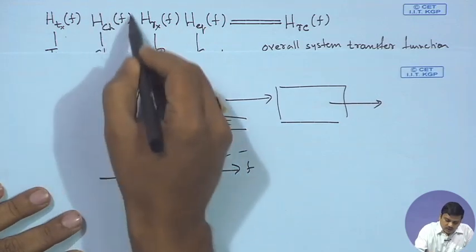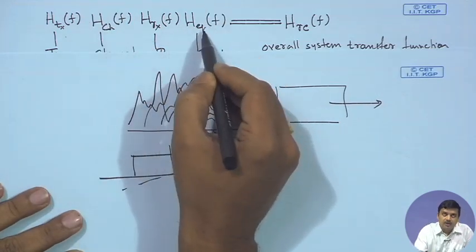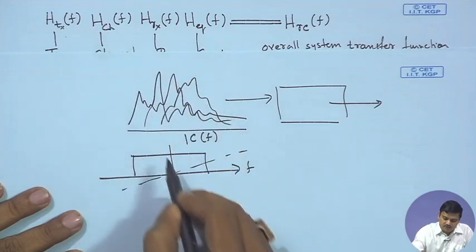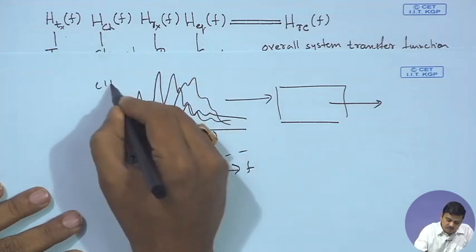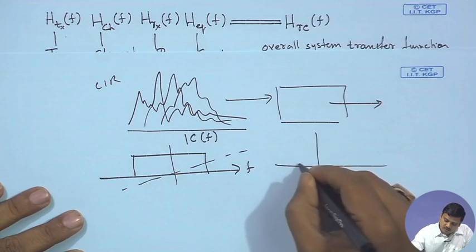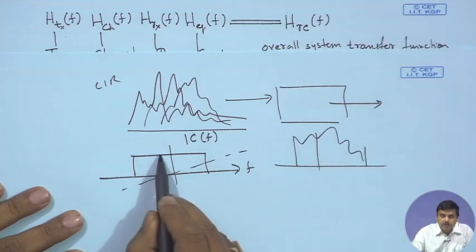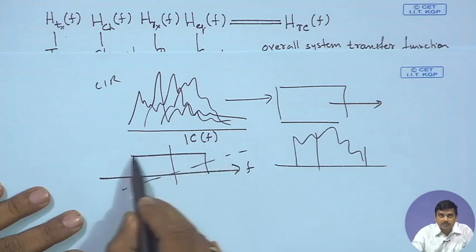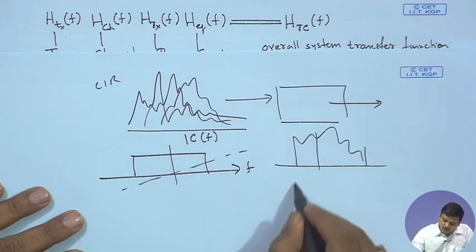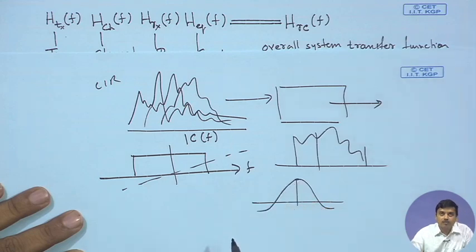So, whatever the channel transfer function is, the equalizer should equalize it. If this is the impulse response, the channel transfer function could be something like this. So, if we have to produce a channel transfer function in this manner, we should have a sinc response composite.